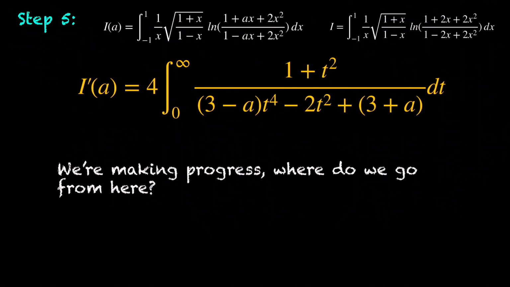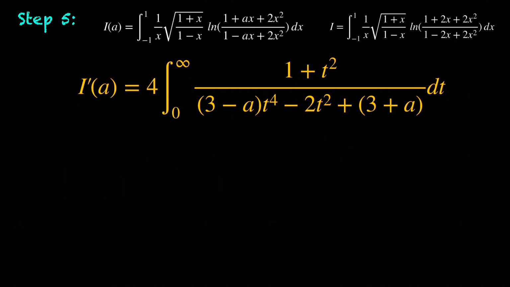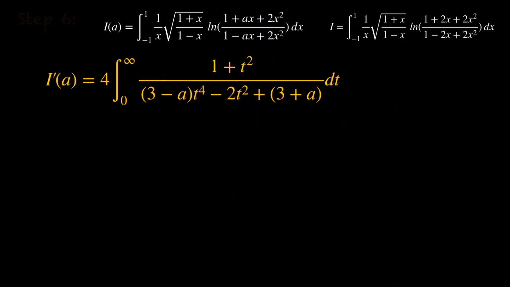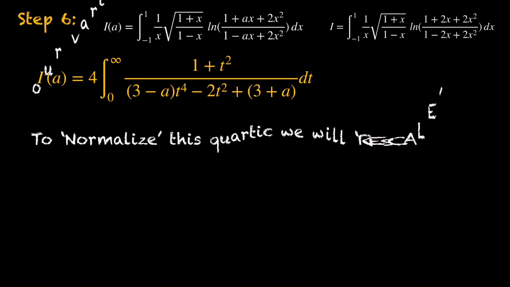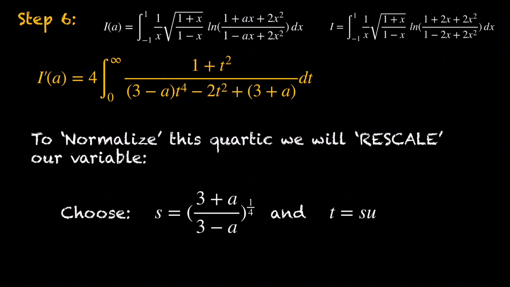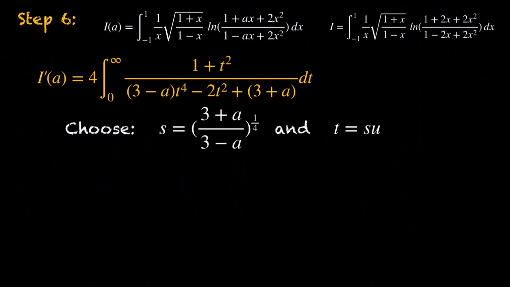We're making progress, but where do we go from here? You were going to say normalize the quartic, right? Well, to normalize this quartic, we will rescale our variable by letting s equal the fourth root of this quantity, and therefore t equal to s times u.